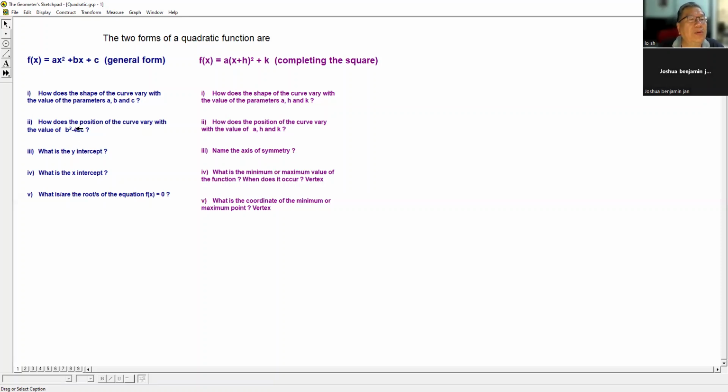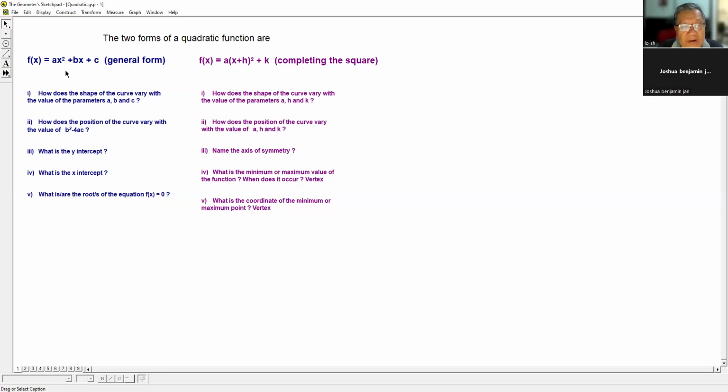Number two, how does the position of the curve vary with the value of b squared minus 4ac? Now, this b squared minus 4ac is actually called the discriminant. So this discriminant will decide whether the quadratic function will cut the x-axis or not.